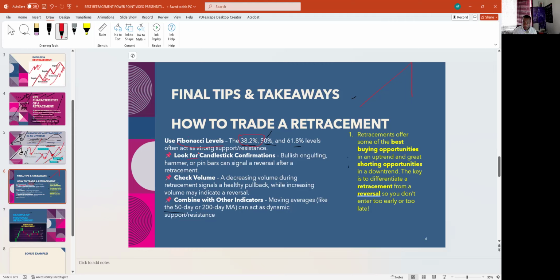Also, there is another confirmation that you can get before you even buy. You don't really buy blindly. First, you buy at the Fibonacci level. And secondly, you can wait for a confirmation of a bullish candle. We call that a bullish engulfing candle. You wait for a bullish engulfing candle, or you can wait for a hammer candle, or you can wait for a pin bar.